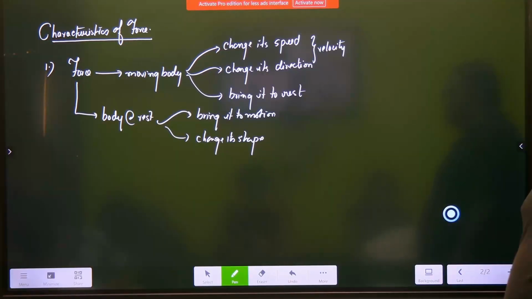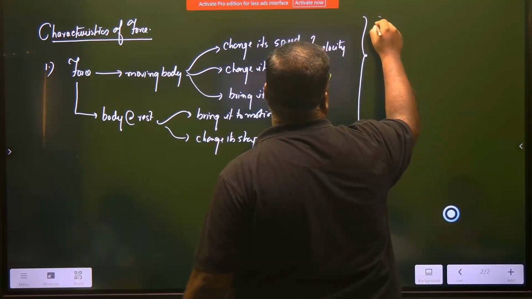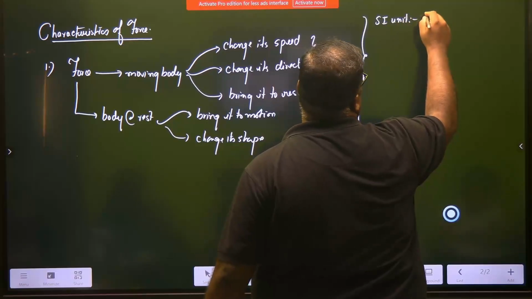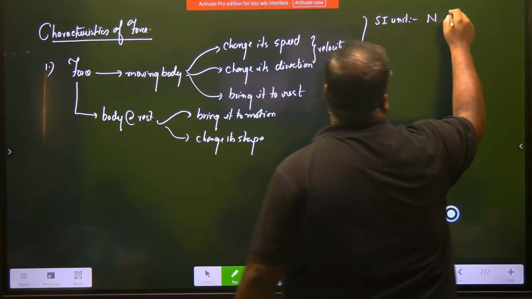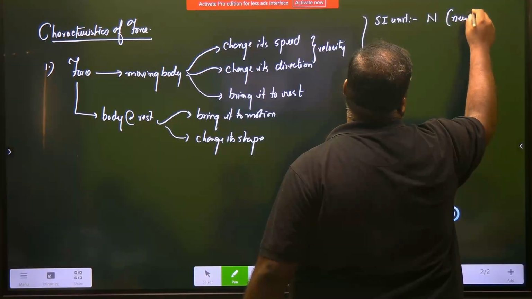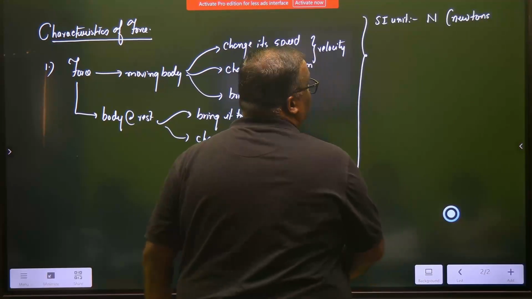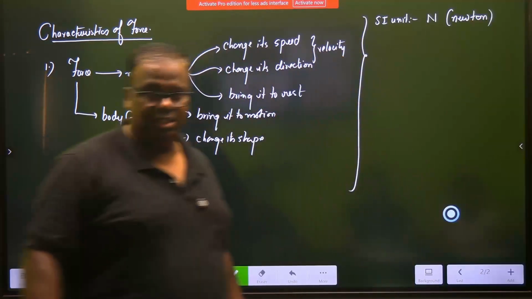A few more things we had studied in grade 8. We studied the SI unit of force. The SI unit of force is newton, written with capital N as the name of the person, but when you write the value of the force, the unit is always in small letters, newtons.